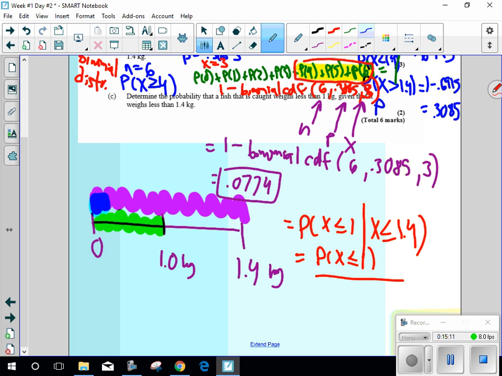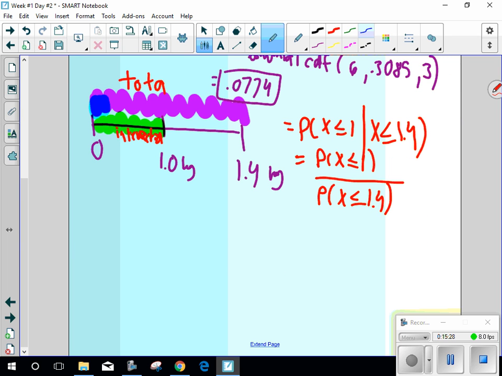That's the intersection over the total. Probability x is less than 1.4. And that'll be total. Is that all right? I think that one's kind of cool, but a little annoying.